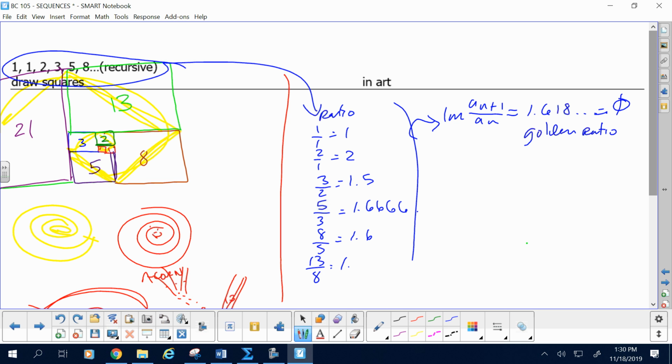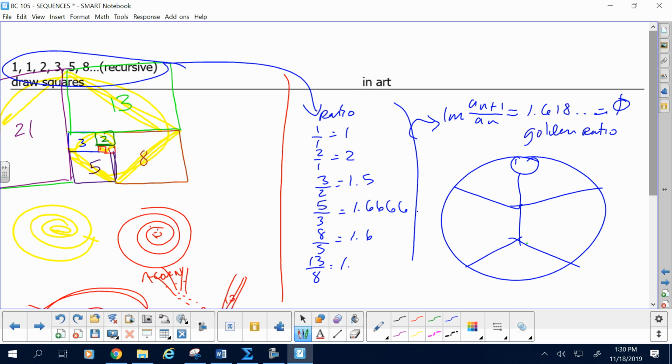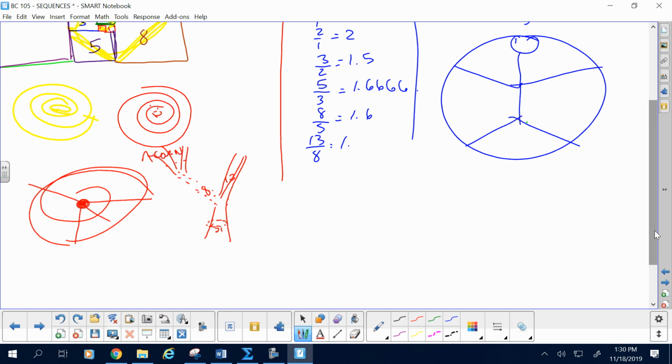Da Vinci, you know, the Vitruvian Man, this guy. You know that picture? I know it's not a great picture, but the idea is all of Da Vinci's work and most artists use the golden ratio, the ratio of your torso to your legs, all this stuff, golden ratio all the way throughout.